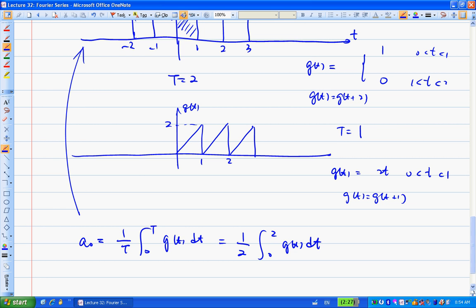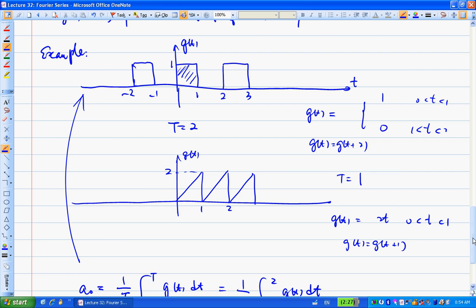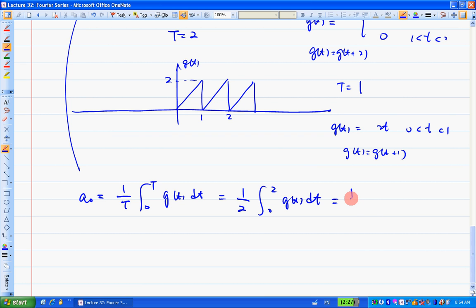Now go back to your definition of g of t. Do you need to integrate all the way from 0 to 2? No, you only need to integrate from 0 to 1, because g of t is 0 between 1 and 2. And between 0 and 1, the value of g of t is 1. So overall, this is 1 over 2. That's exactly what we are expecting.